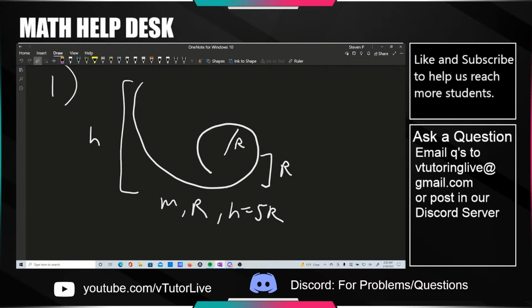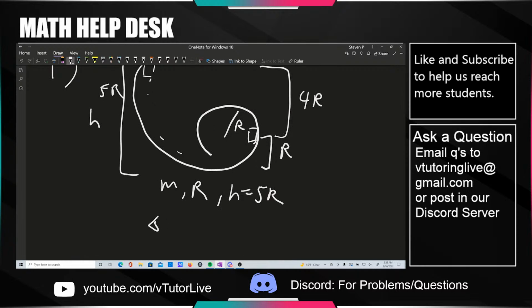The idea behind this problem is that if it gets released, we can figure out what the velocity here is just by conservation of energy. If this is 5R and this is just R, the height difference is 4R. So, again, the same old equation, probably sick of it by now: K0 plus U0 is equal to K1 plus U1.